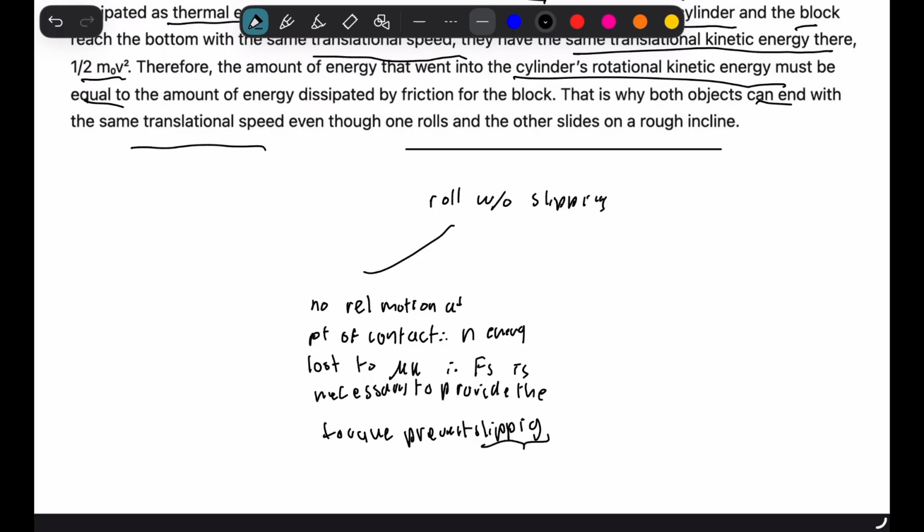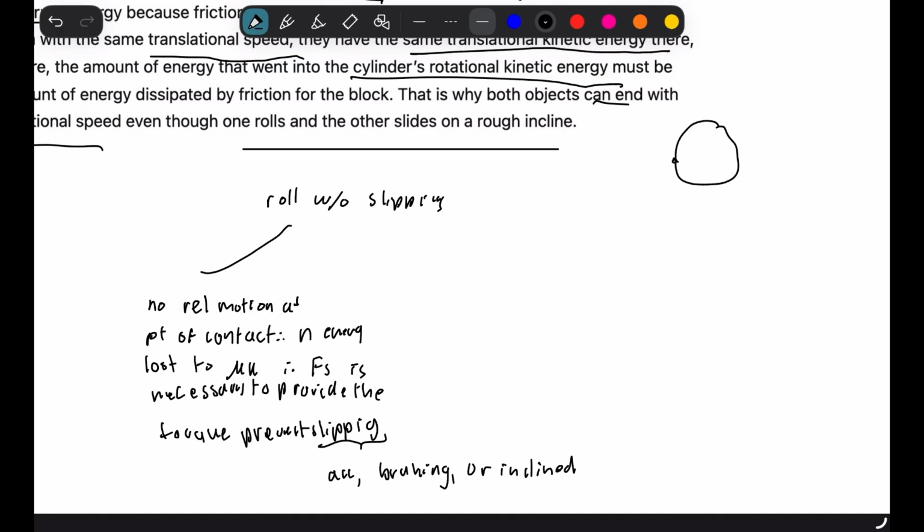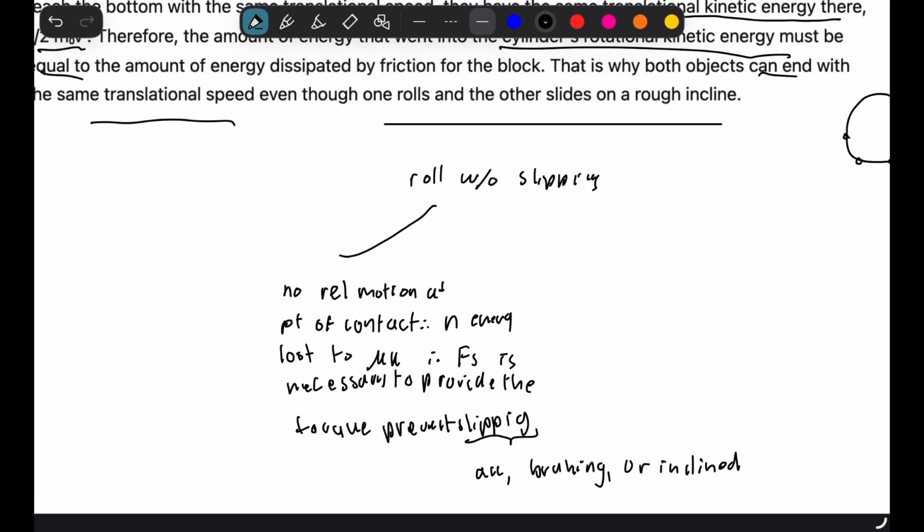That slipping usually happens when you have acceleration or braking or an incline like here. So at each point of the ball, it's instantaneously at rest because the point of contact keeps changing. So remember that your static friction is going to be necessary, and we have no energy loss.